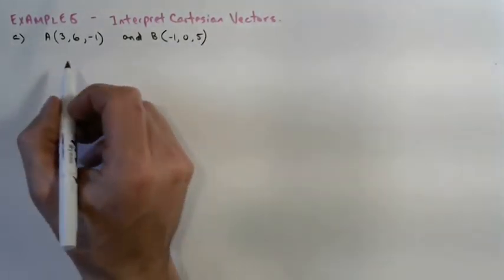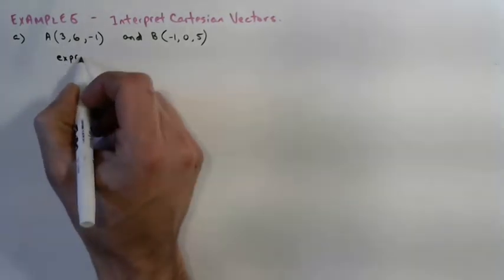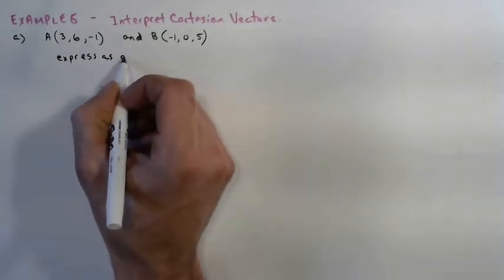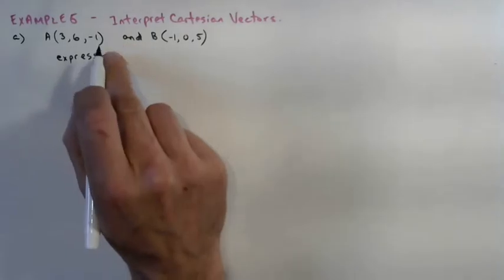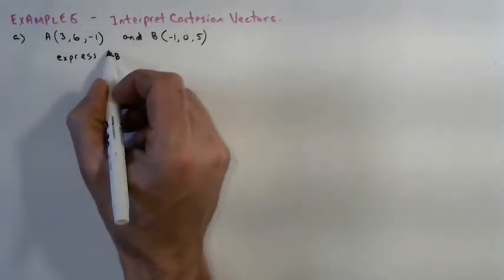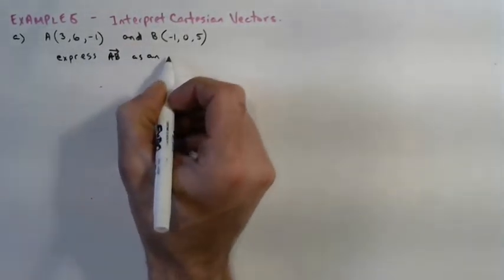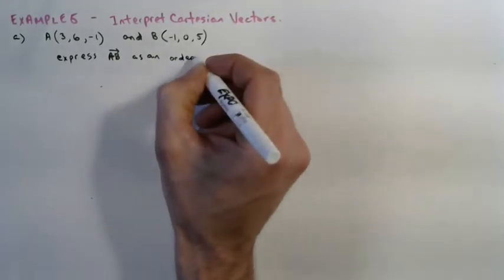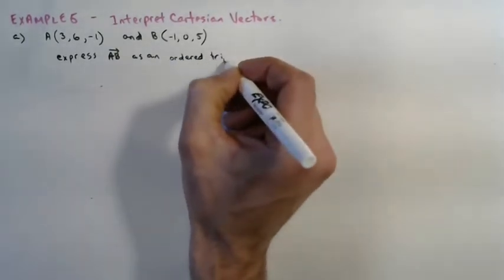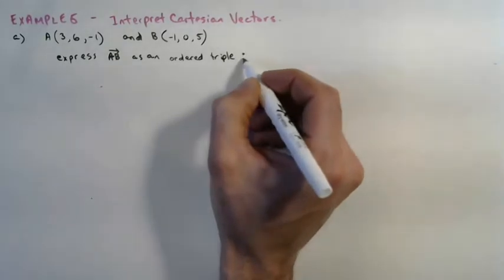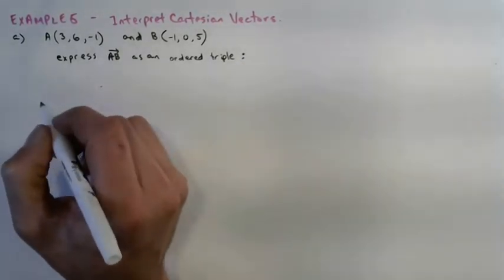And we're going to express the vector AB as an ordered triple. So in two-dimensional space, we talk about ordered pairs. Here we're going to have an ordered triple.